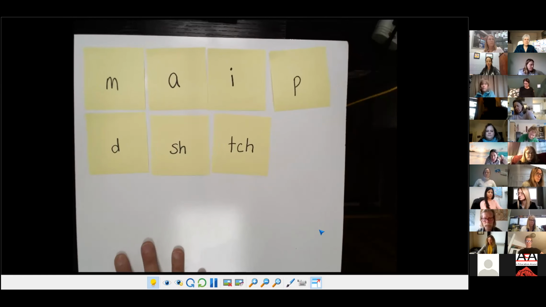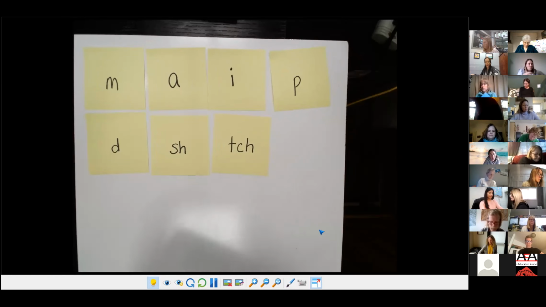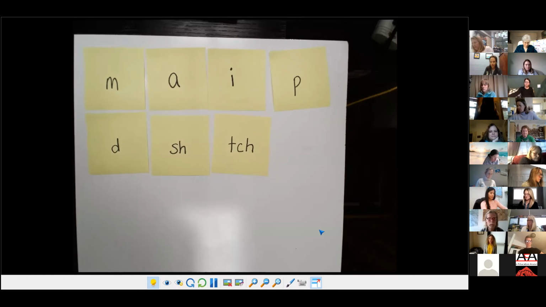They don't have to be in any particular order. So with these letter tiles, i.e. Post-its, I bought some chip kits, by the way, so we have some really cool stuff instead of using Post-its for the future.